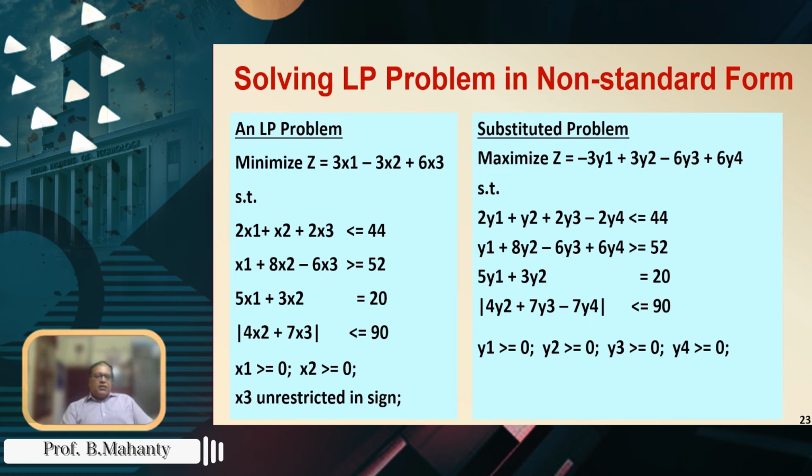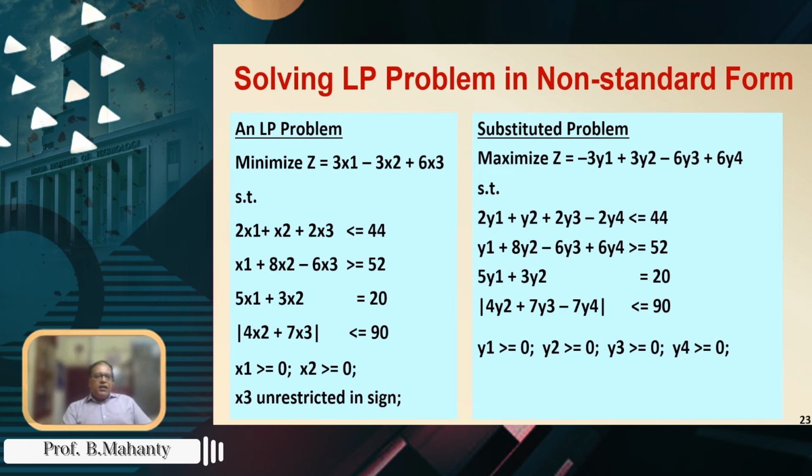Then plus 3x2 for maximize, so this should be plus 3y2. Then minus 6x3 for maximization should be minus 6y3 minus y4, or minus 6y3 plus 6y4. All right, so that is our substituted objective function.